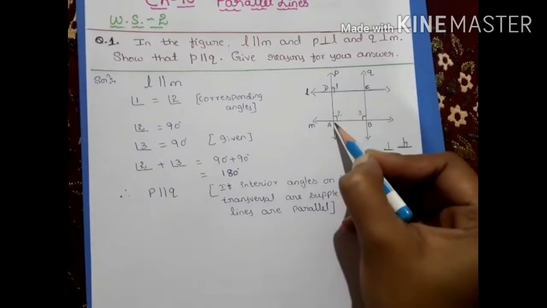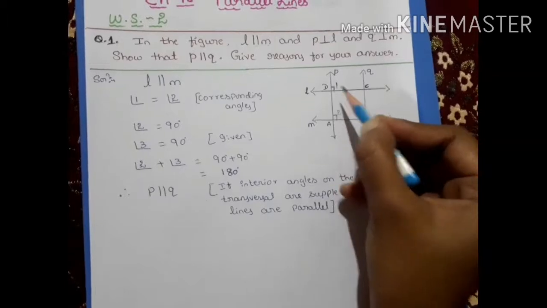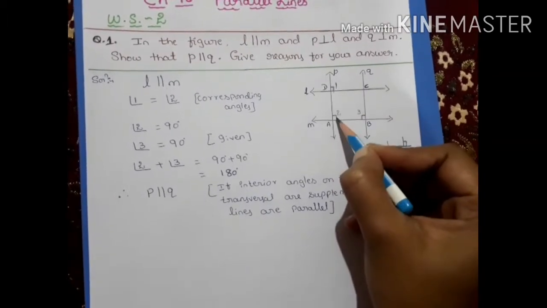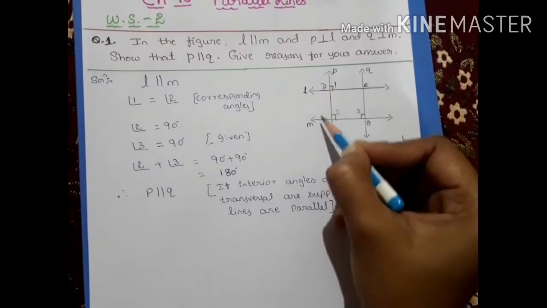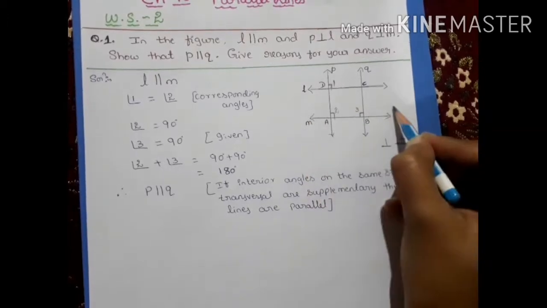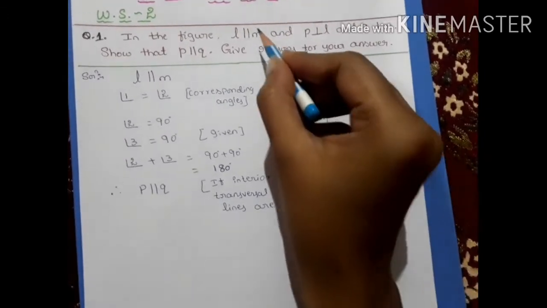Angle 1 and angle 2. What type of angles are these? These are corresponding angles. Corresponding angles are always equal when the given two lines are parallel to each other. Lines L and M are parallel, given already.